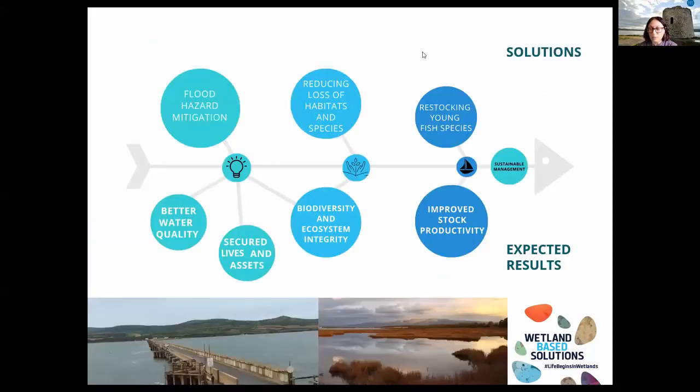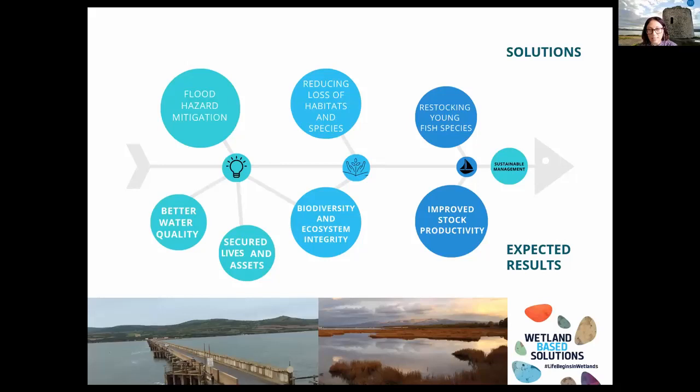In our restoration project, we will try to find a priority solution to be adopted to solve these problems. And we identify these three main solutions: the mitigation of the flood hazard, the reduction of the loss of habitat and species, and the restocking of fish species.